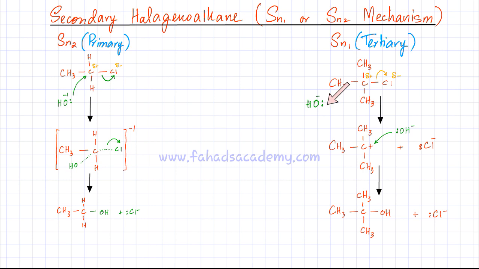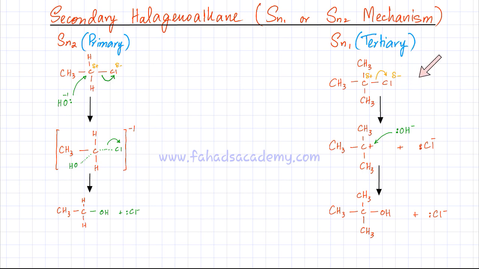So this OH⁻ has no room for attack. Initially it's not going to attack this carbon atom. There's no possibility of an attack. There's no space available, and plus the positive charge is not strong enough, so this OH⁻ is not attracted initially. So in the first step, the OH⁻ has nothing to do. What happens is that during collisions, when you heat up the mixture, there are chances that the Cl atom is knocked out on its own.